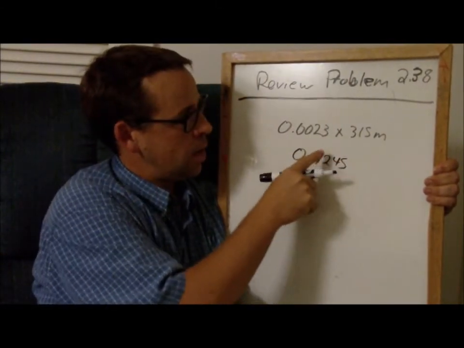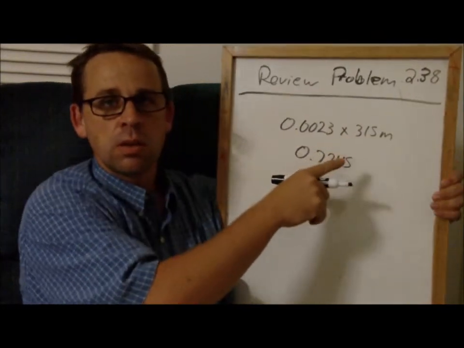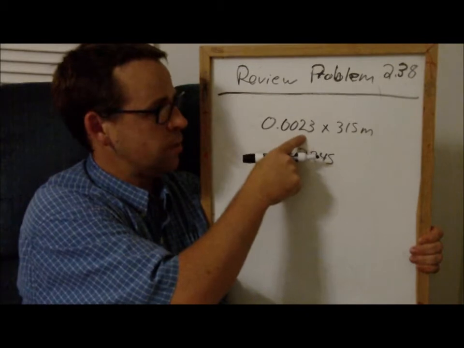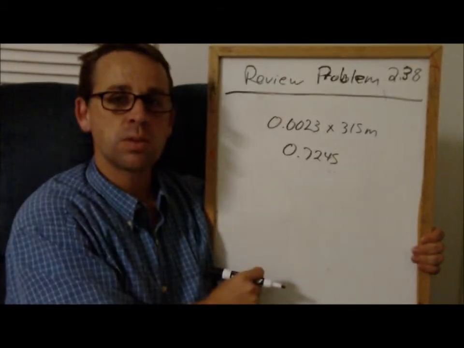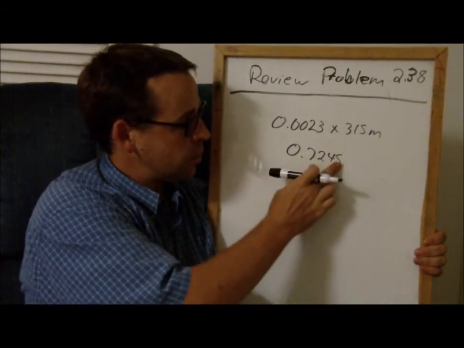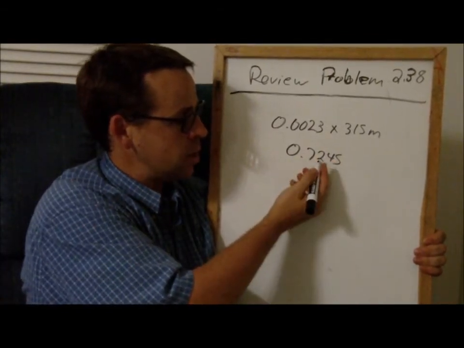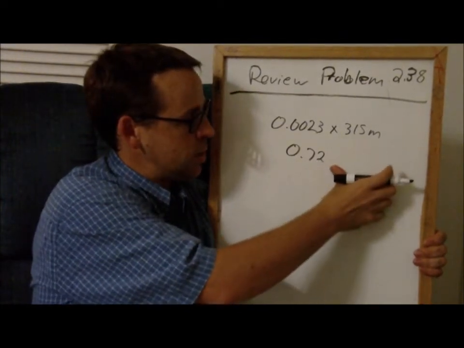Now this figure has 3 significant digits and this figure has 2 significant digits. Because this only has 2 significant digits, our answer can only have 2 significant digits. So we round to the second significant digit. That 2 doesn't round up, so it's 0.72.